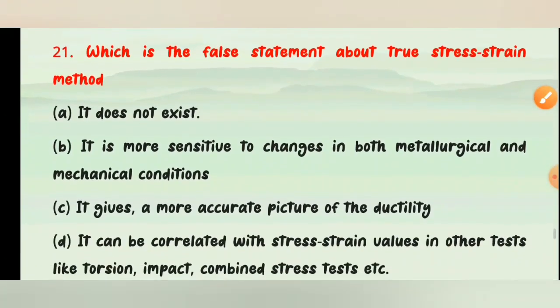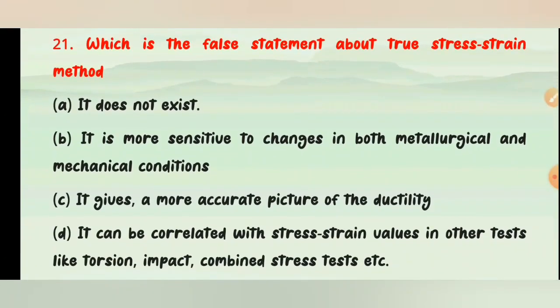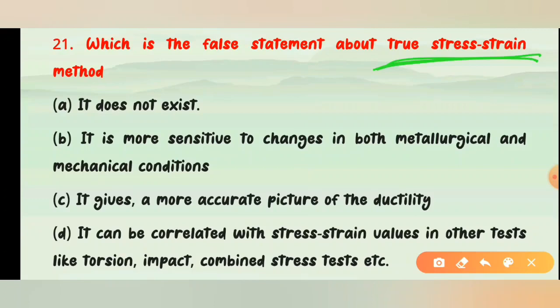Which is the false statement about the stress strain method? True stress strain. In case of true stress strain, saying it does not exist is the false statement. The other statement is correct, because true stress and true strain exist.